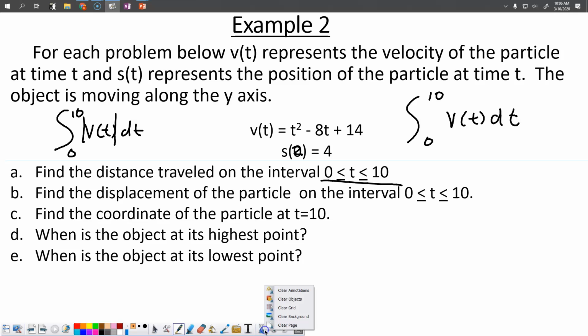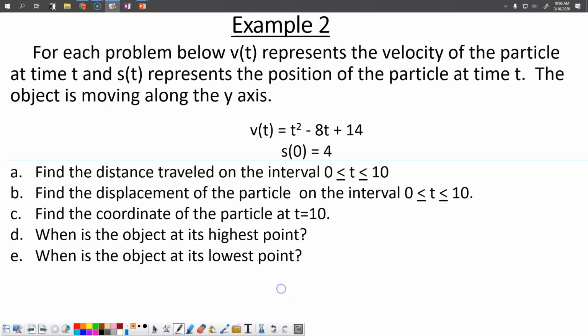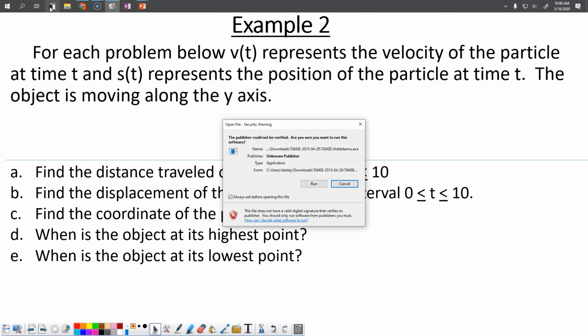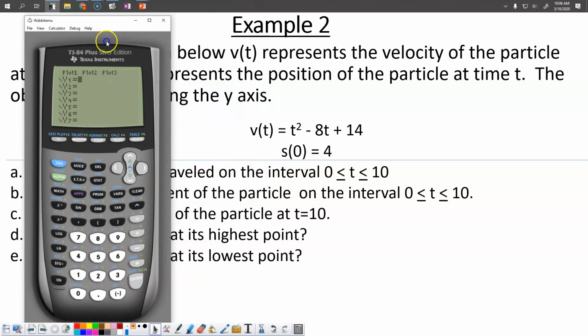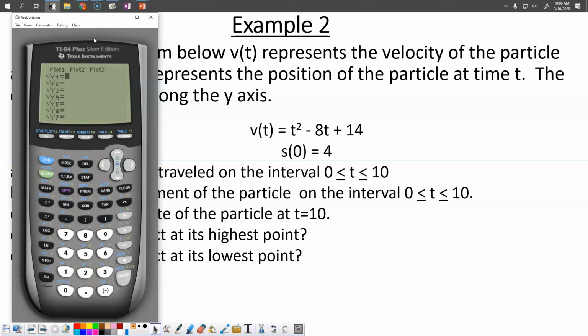Okay, so get out your calculators, turn them on, and we're going to punch that stuff into our calculator. Push y equals. The first thing we want to do is put that function into our calculator. Clear what's in there, because what we were doing last block was a little bit different. And let's type in the velocity function that they gave us, which is x squared minus 8x plus 14.